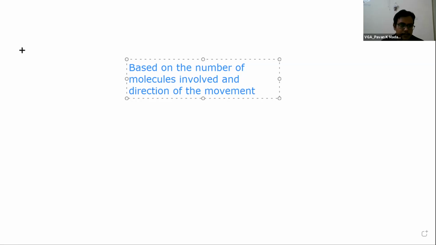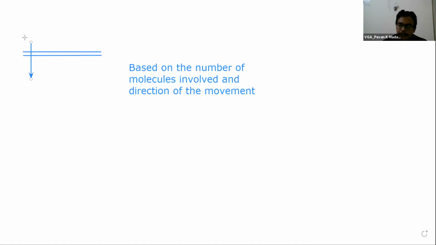Okay. Suppose if you assume this is the cell membrane or the phospholipid bilayer. There are different conditions, like the molecule is moving from this direction. Let us assume this is outside and this is inside of the cell.